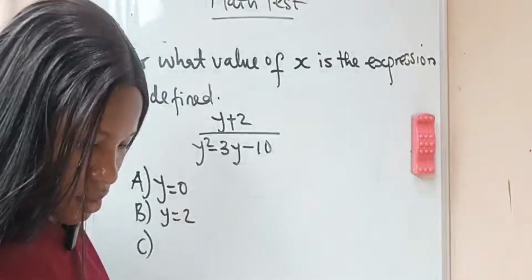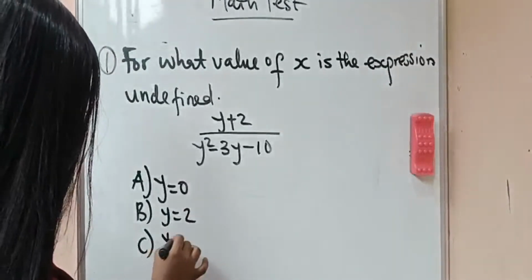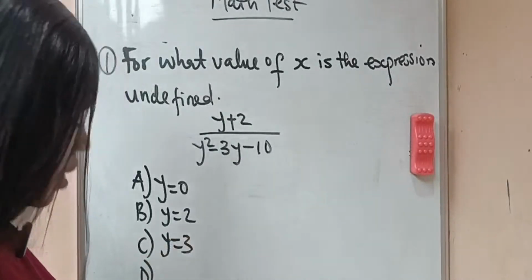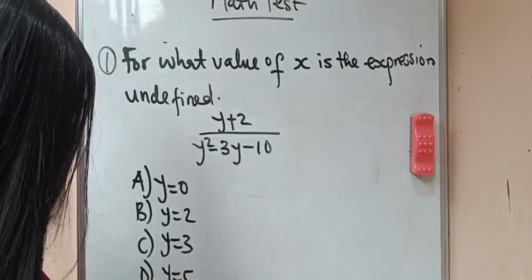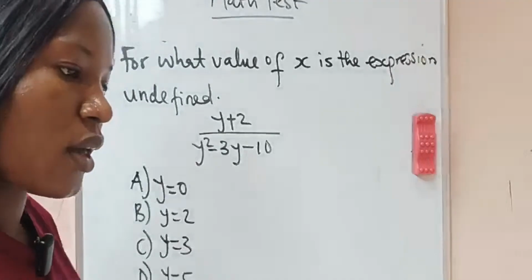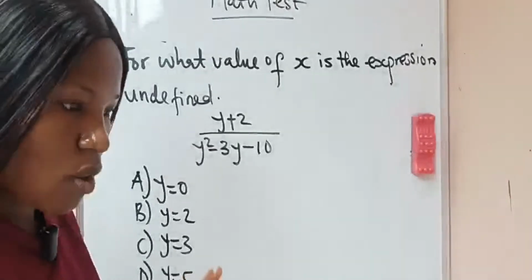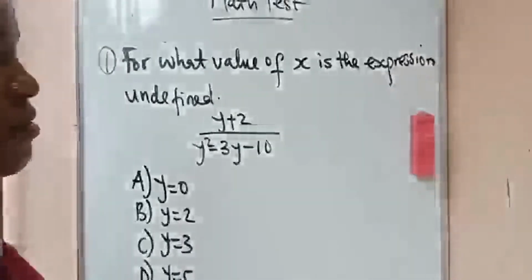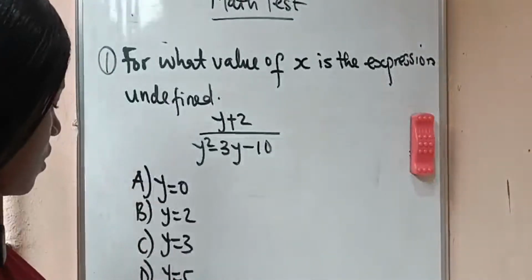C, y is equal to 3. D, y is equal to 5. And E, okay, you cannot even see E. So let me stop at D, believing that our answer is going to be from A to D.